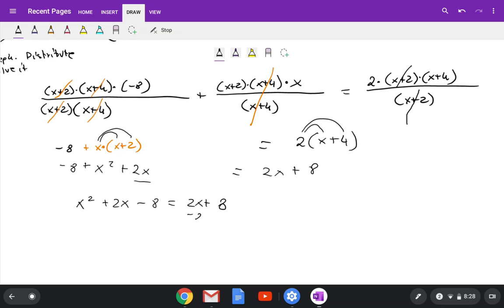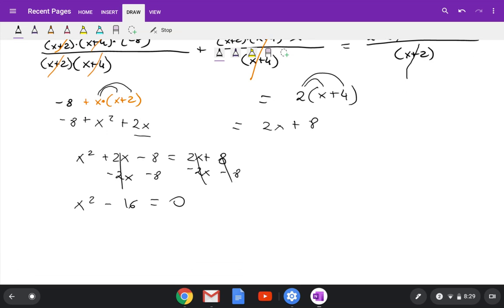We're going to subtract 2x from both sides, and we're going to subtract 8 from both sides. So we'll end up with x squared minus 16 equals 0.